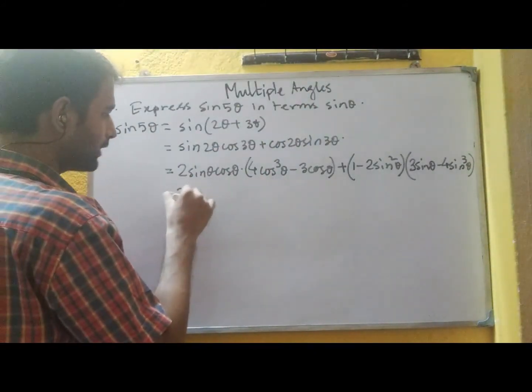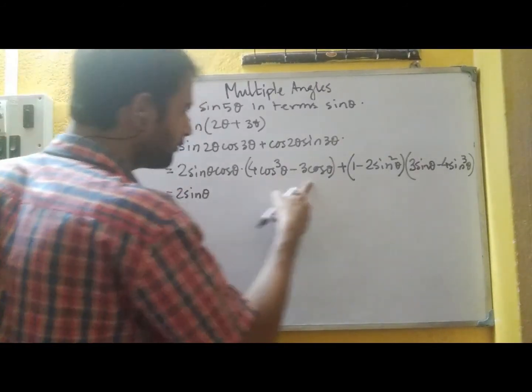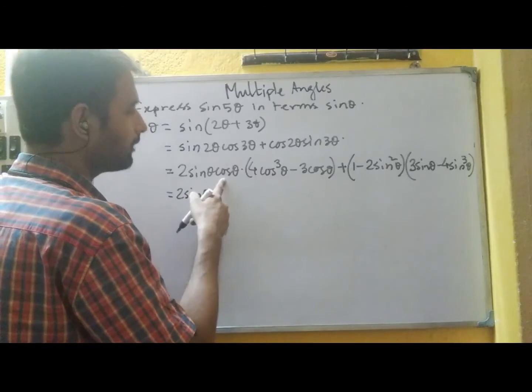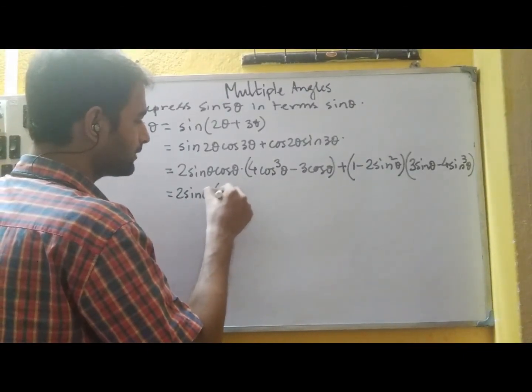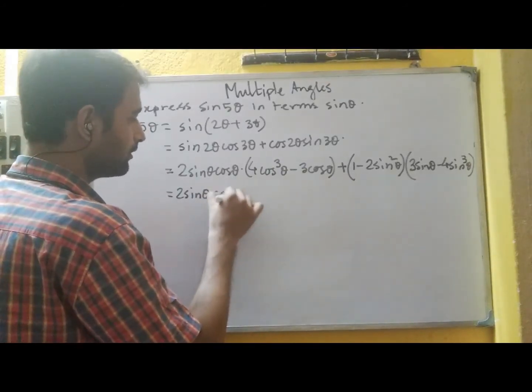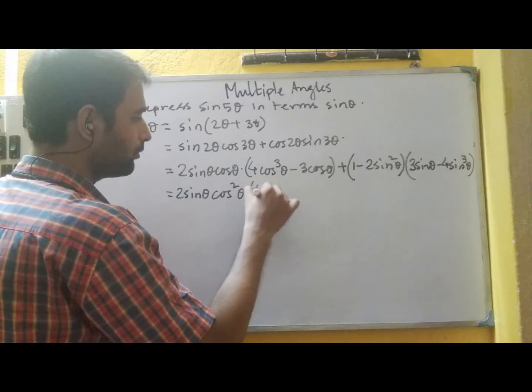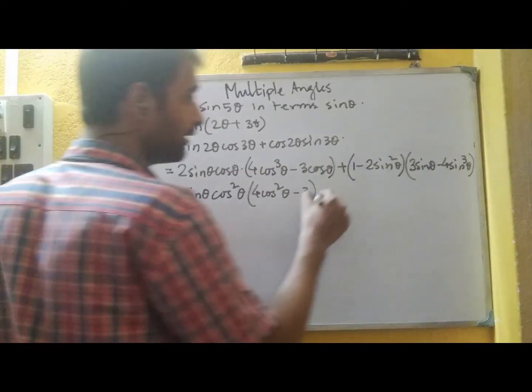Then see, it is 2 sin theta, and by taking a cos theta common from this term, this cos theta will convert to cos square theta. That we can write as 1 minus, okay, let me write it as cos square first. Then it will be 4 cos square theta minus 3 inside the bracket.